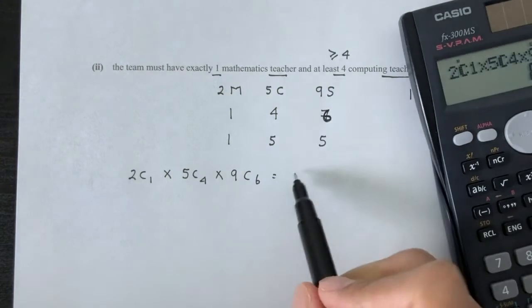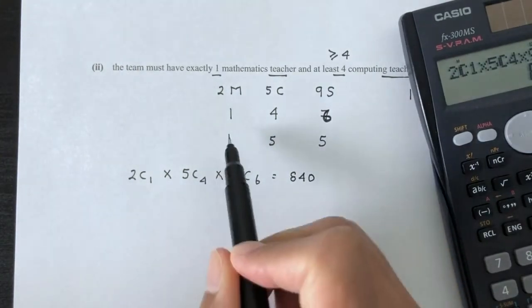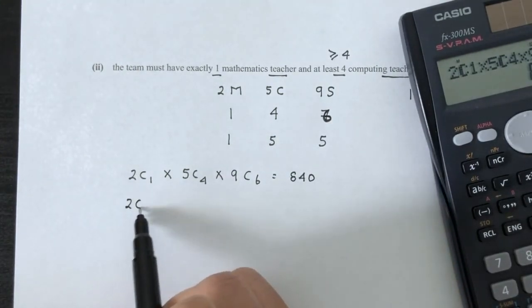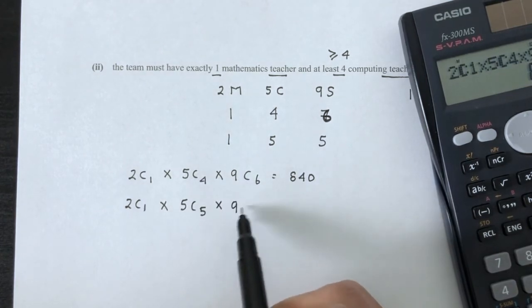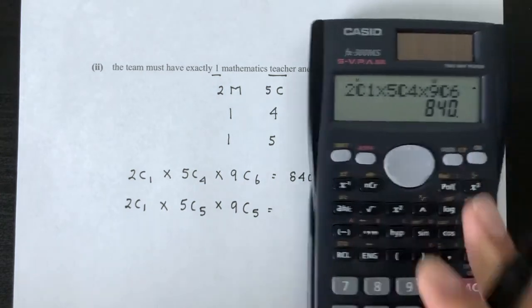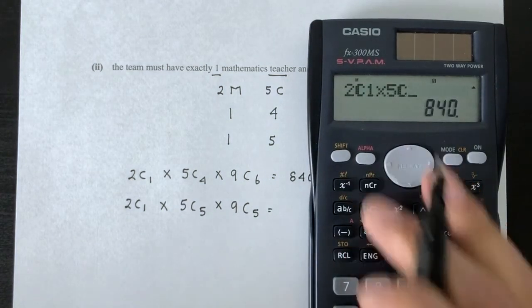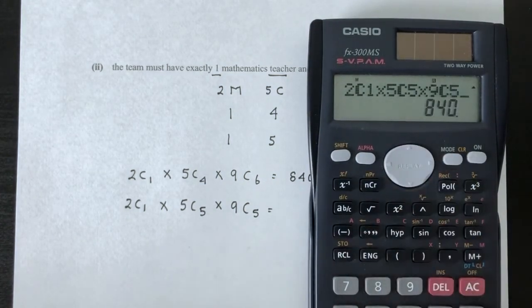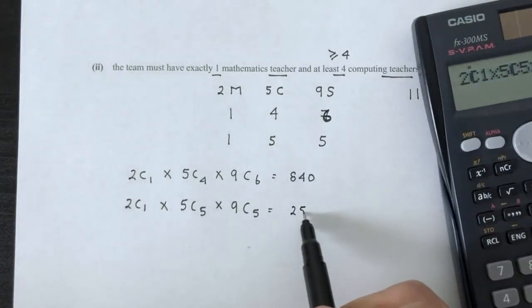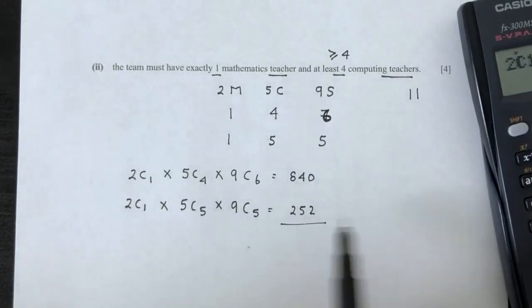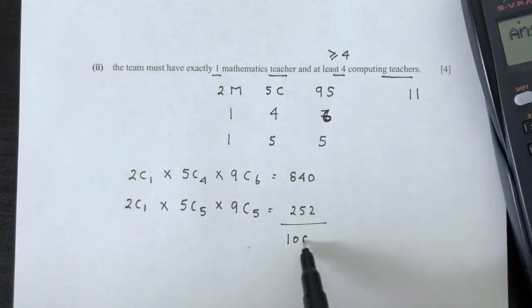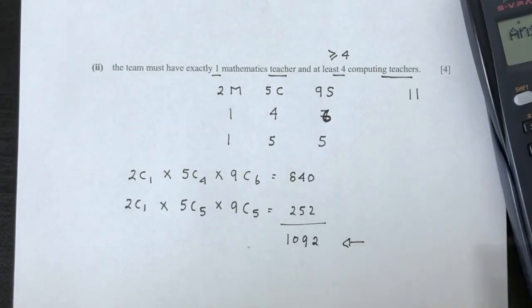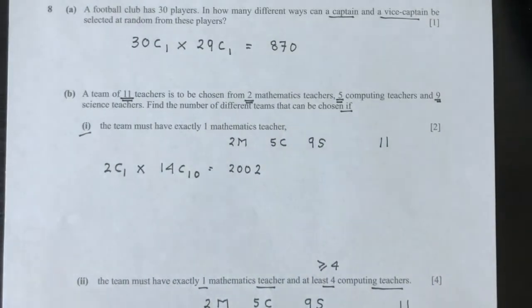That will be 840. Now for this one, that will be again 2 choose 1 times 5 choose 5 times 9 choose 5. That will be 252. So everything together, we have to add them up. It will be 1092. And that will be your answer for question number 8.